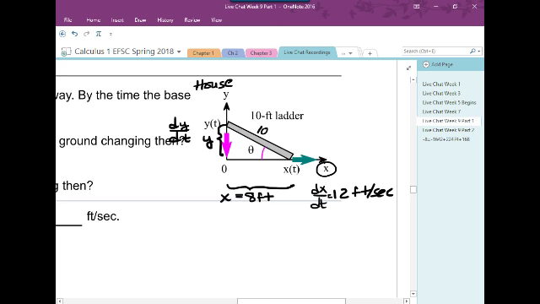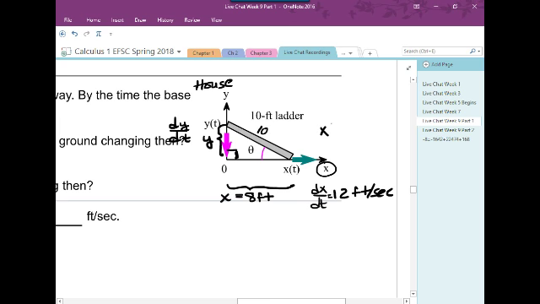Now you might notice that once again, just like in the last related rates problem, we have a right triangle. And we are concerned about the lengths of the sides of that right triangle as time goes on. Even as the ladder slides down the wall, it is still going to be a right triangle.